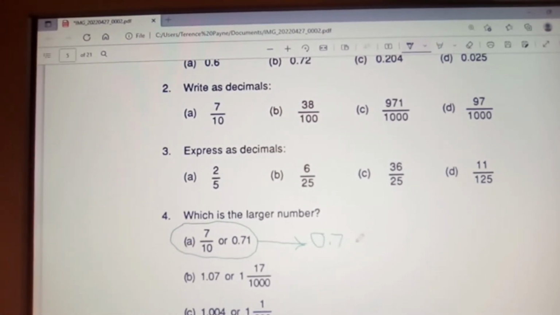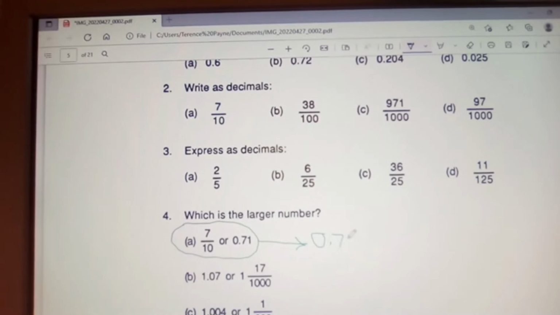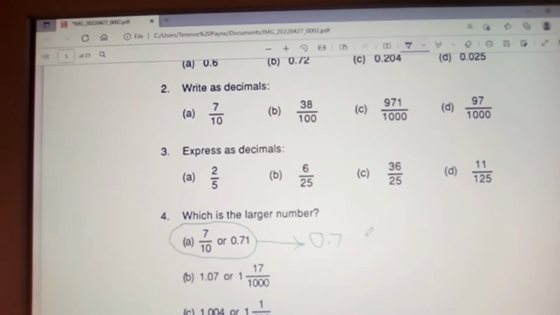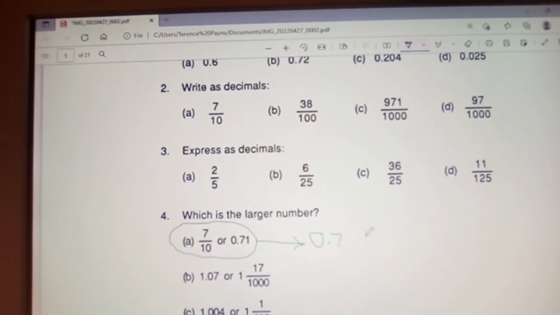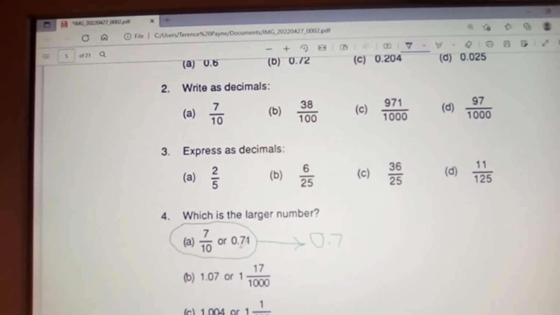No, it's not. 0.71 is slightly larger. It has an extra digit, sorry, an extra hundredths, so therefore 0.71 is larger. So let me put that.